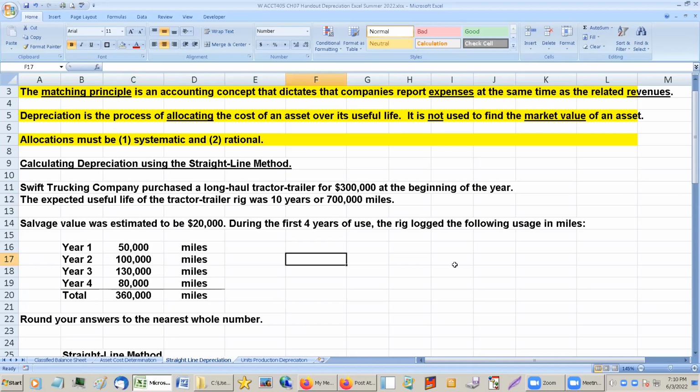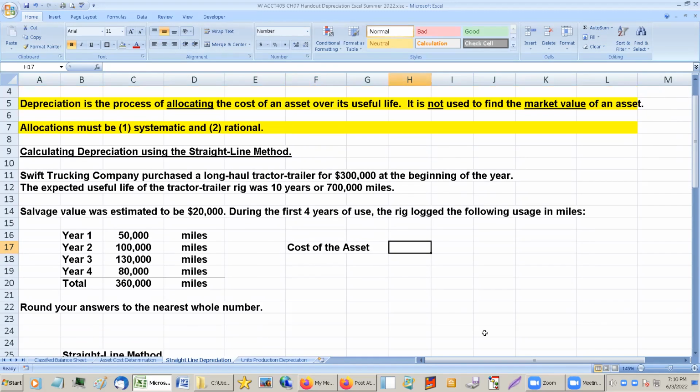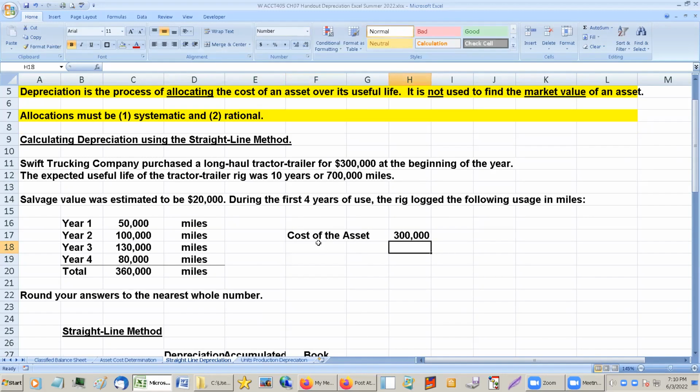We take the cost of the asset, and that was 300,000. Now notice the salvage value. The salvage value is what it goes down to at the end of its life.